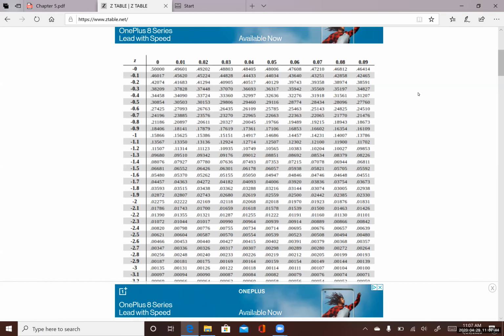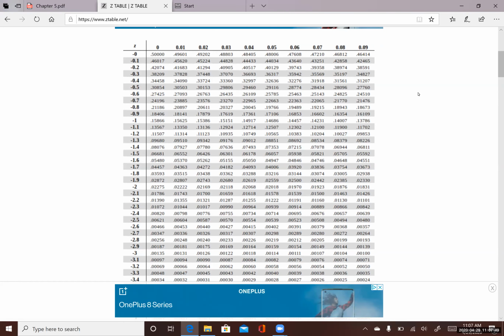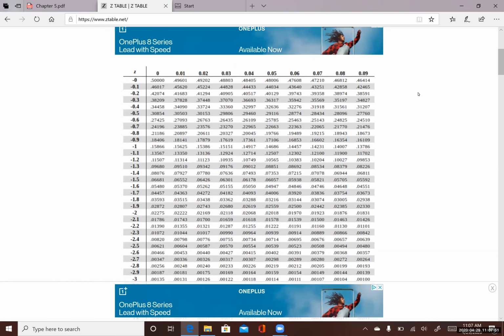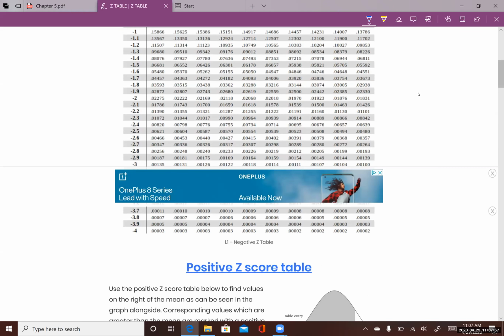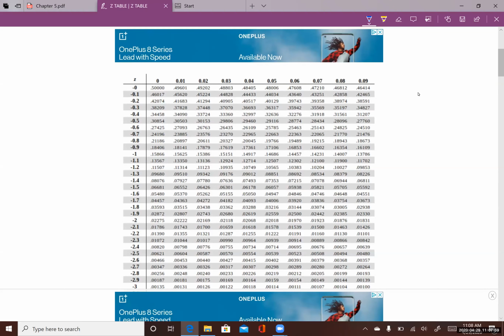That means the z-score should be negative. And using this table, you know that the numbers inside the box are the areas, and the numbers on the first column and the first row are the z-scores corresponding to this area.